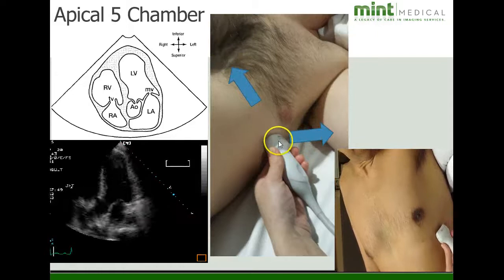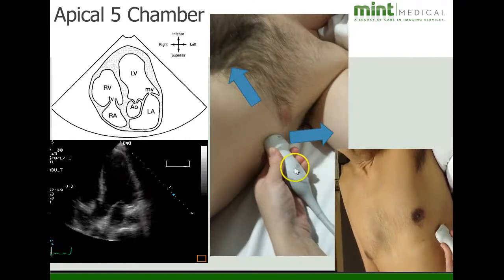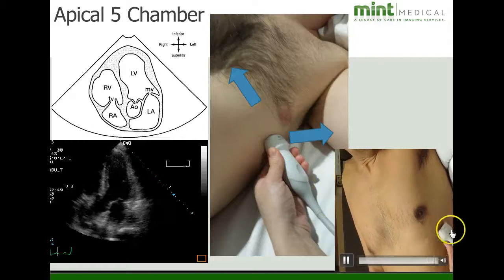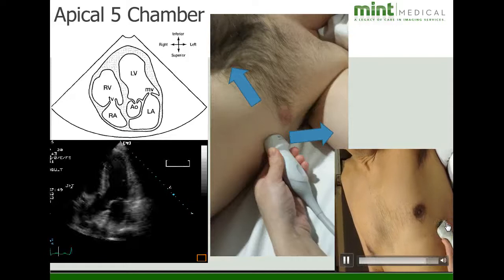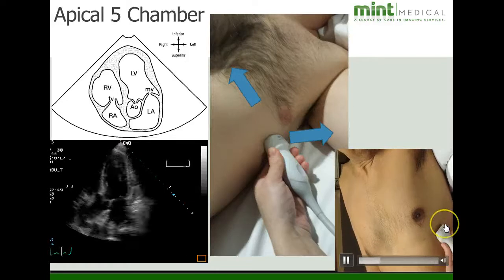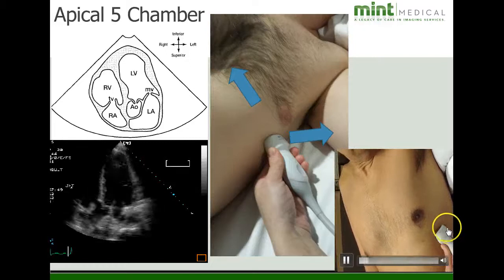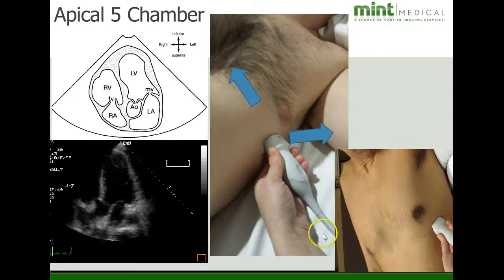But the only difference is you're going to tip the transducer down maybe 5 or 10 degrees. So right here, apical 4-chamber, slight tilt down. So it's a little bit of an anterior tilt, back end down, looking more anterior, and that's a 5-chamber. So 4-chamber, 5-chamber, a slight tipping of the transducer.